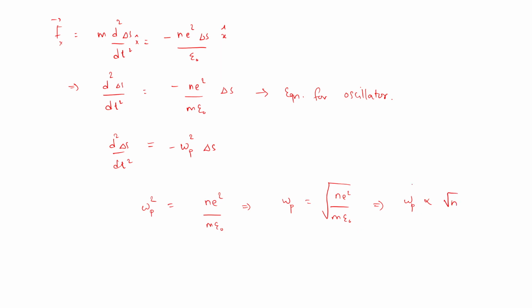So the omega p, or the plasma frequency, is directly proportional to the square root of the number density of electrons.